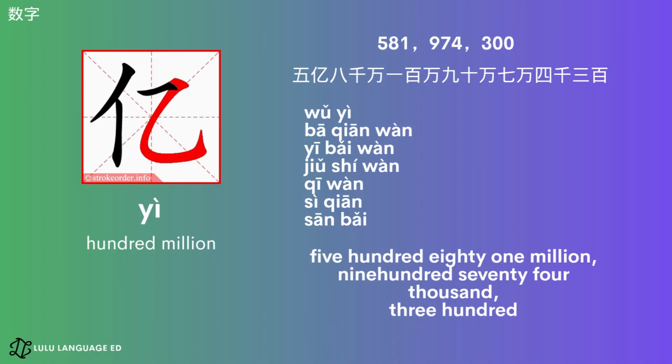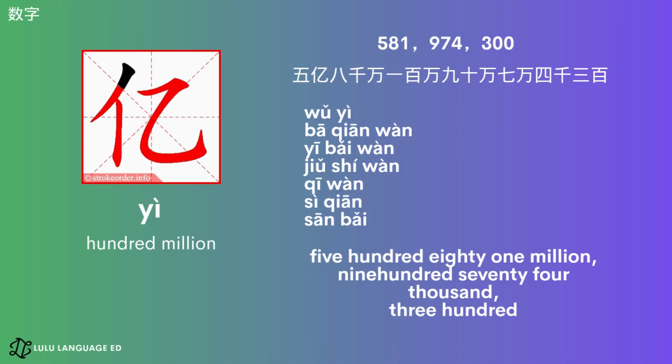Okay, so now let's put this to an example. So 100 million is 亿. In this example, it's 581,974,300. So 500 million, 5 of 100 million. 5, 五, 100 million, 亿.